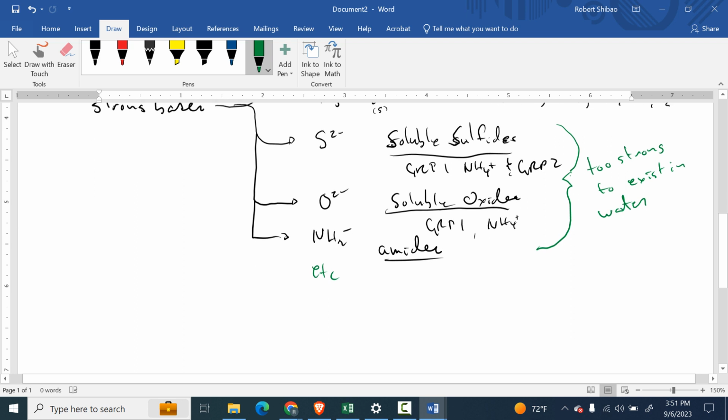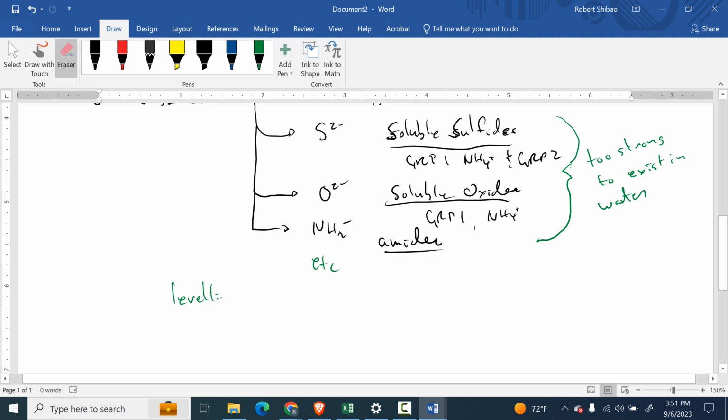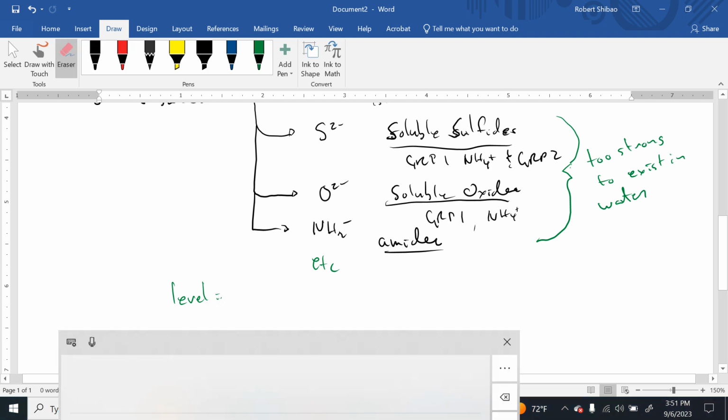And so we have the leveling effect. It turns out all these strong bases are the same strength in water due to the leveling effect.